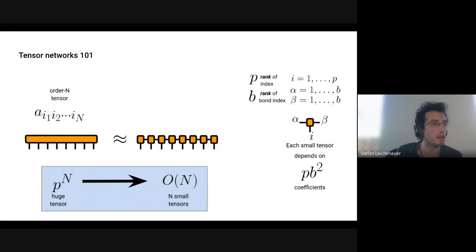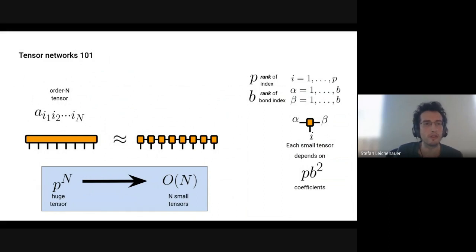That is the bond dimension, and those are the bond indices. So each of those small tensors with 3 legs has p times B squared coefficients in it. P and B are just fixed numbers. B might be quite large, but the point is it's independent of N. And so adding an additional tensor only increases the number of coefficients linearly on the MPS as a function of the number of legs.